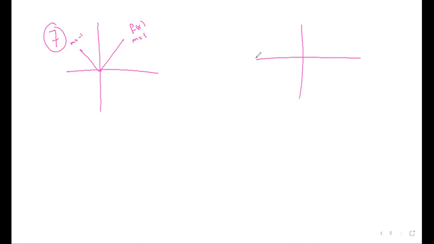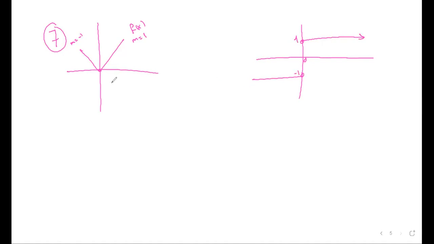So what is the sketch of the derivative? At 0 there is no derivative, and I will tell you later why there is no derivative at 0. Like this one, here at 1 and here at negative 1.